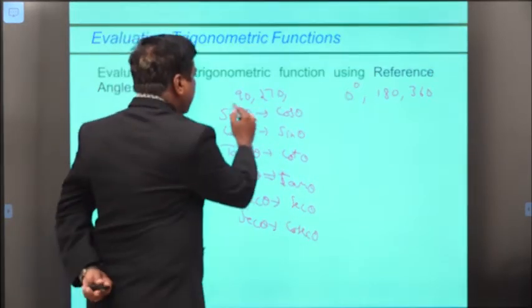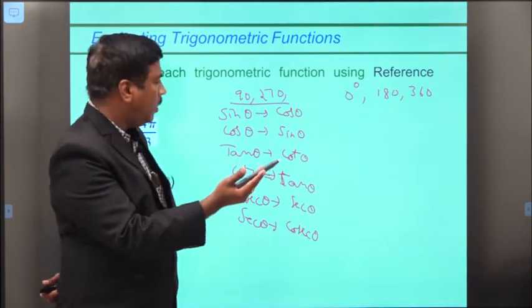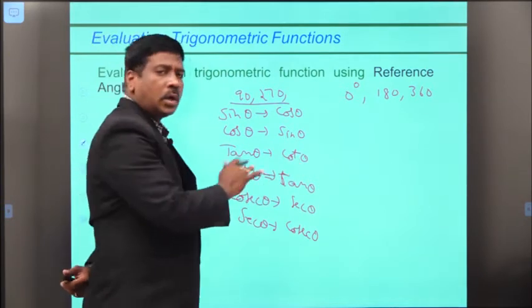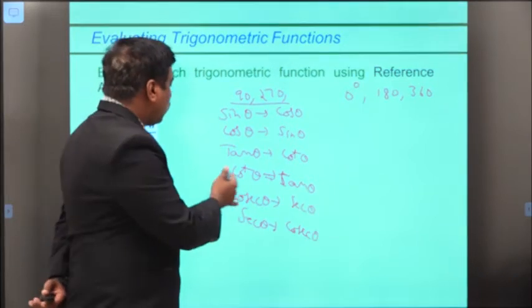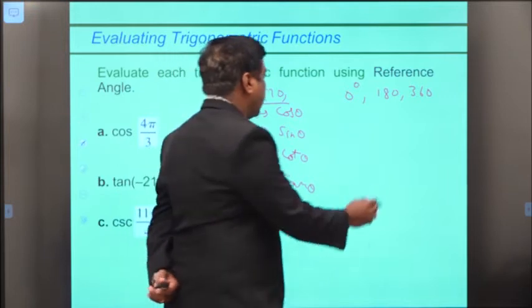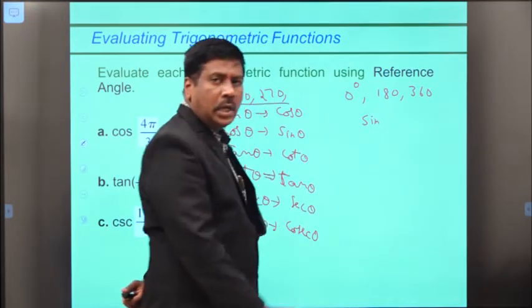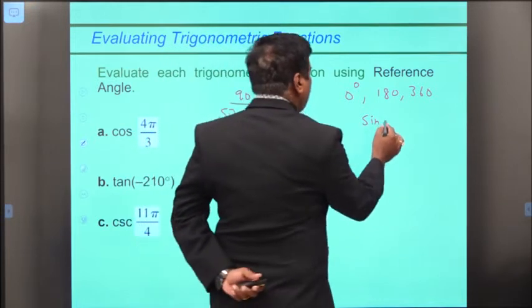So for these angles, sine will be changed to cos, cos to sine, tan to cot, cot to tan, cosecant to secant and secant to cosecant.